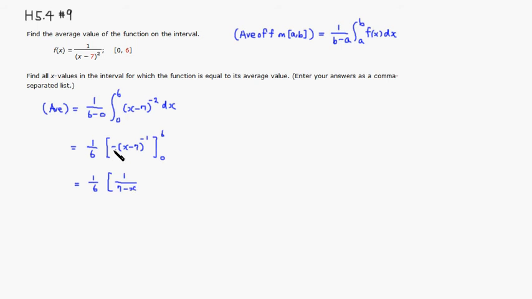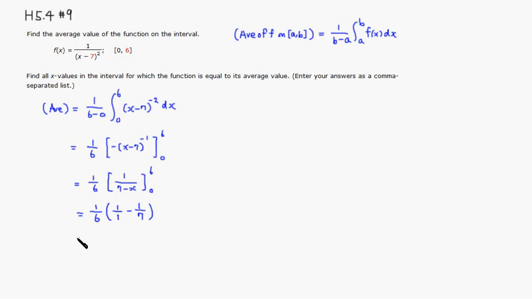Then you just have to go from 0 to 6, so this is 1 over 6 times the quantity: plug in 6, it's 1 over 7 minus 6, which is 1 over 1, minus, plug in 0, which is obviously 1 over 7.